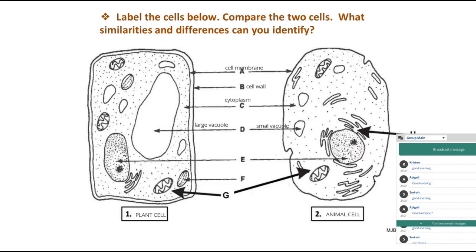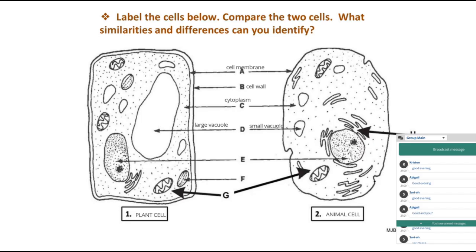Remember the difference in terms of what they do? So what was the difference in terms of the function for the vacuoles? Okay, right.